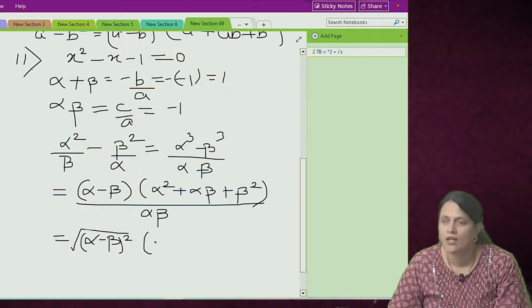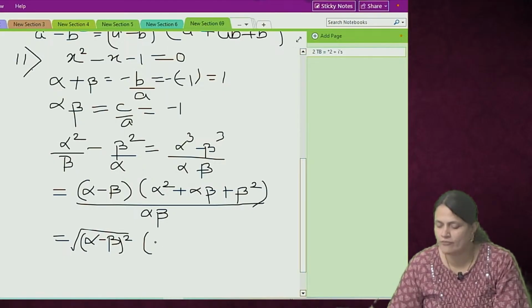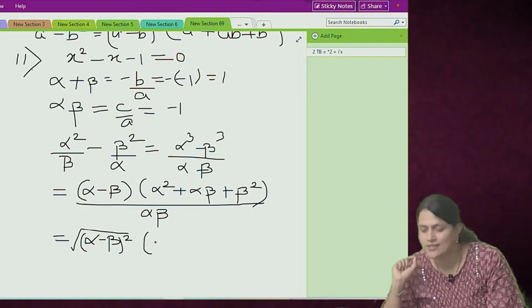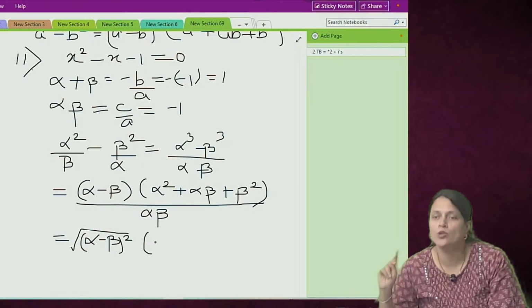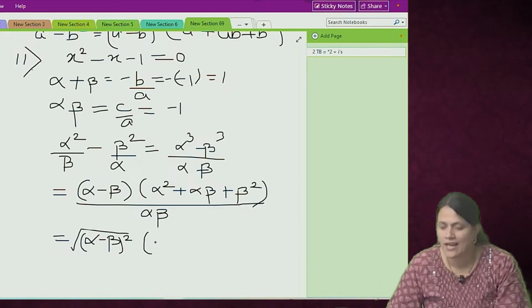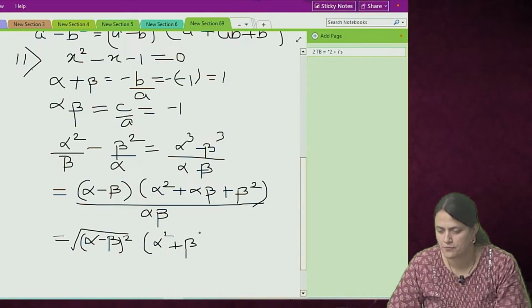But what we are going to do in this is add and subtract 2 alpha beta.